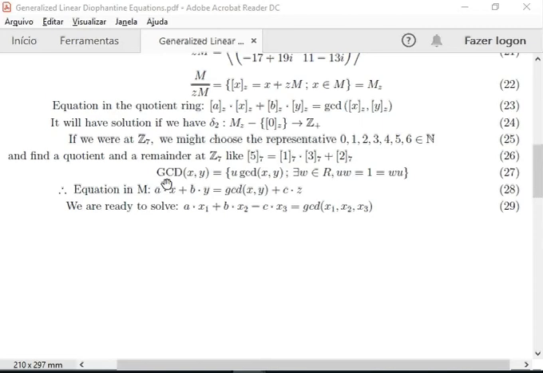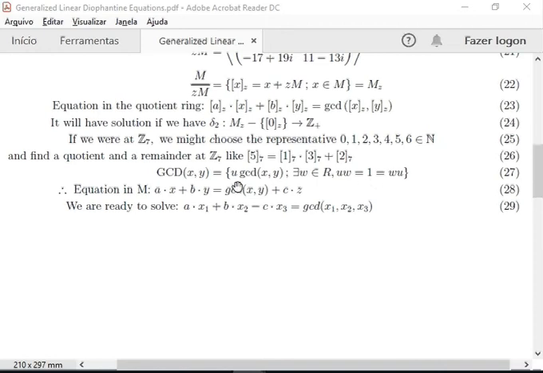Remembering that the greatest common divisor is a set. If we have a single GCD of x and y, we have all the units of R. We have the set of greatest common divisors by multiplying all the units by one GCD. A unit is a divisor of 1.